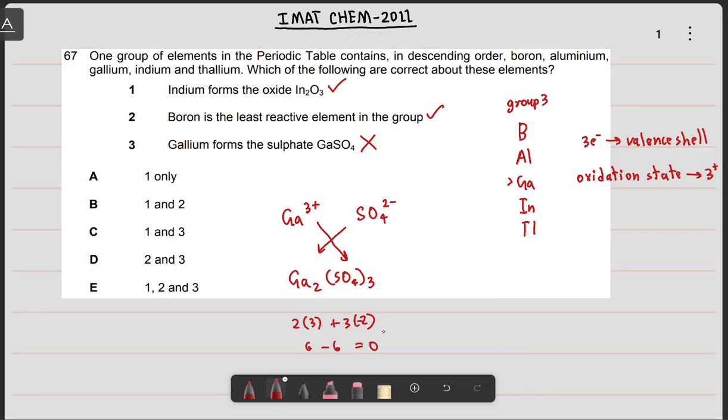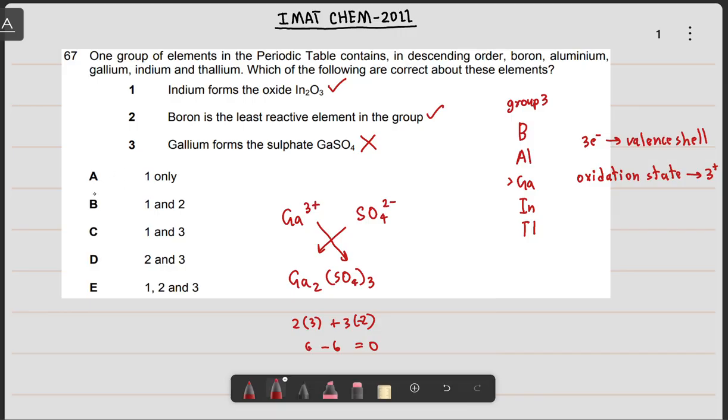Now this balances the overall charge, making it neutral and stable. So statement 3 shows a compound that does not exist, so it's not the standard formula. This is wrong. Now we can identify the correct option.